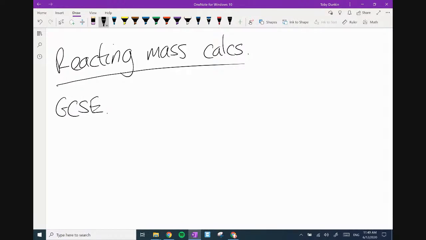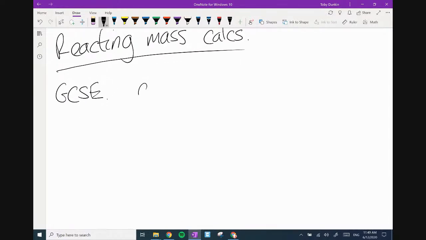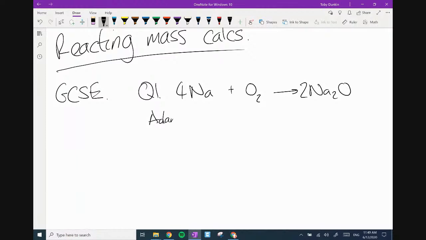GCSE. So, okay, here's the GCSE question. Question number 1. They say sodium reacts with oxygen to form sodium oxide. There's your equation. And it will say Adam reacts 10 grams of sodium with excess oxygen.